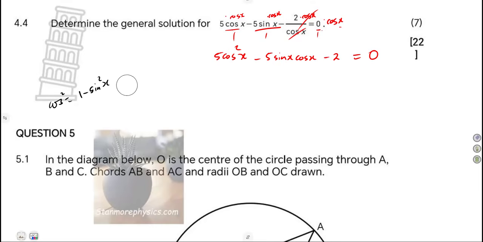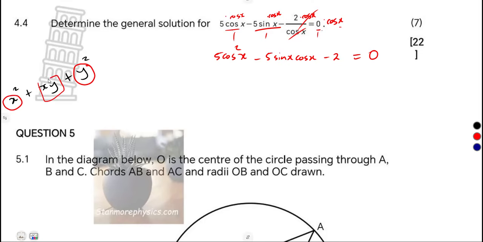So what can we do? Because this part is linear, and there are two terms, cos and sine, we must introduce a sine squared. What we need is an expression like where we have x squared, xy, and y squared. If this is y squared and this is x squared, then the middle term will be xy.